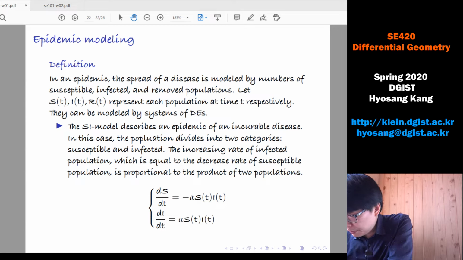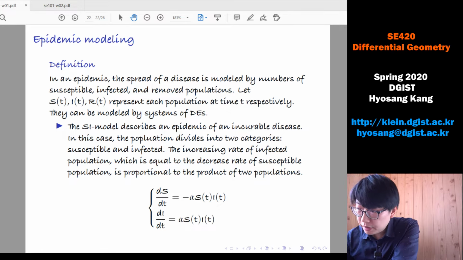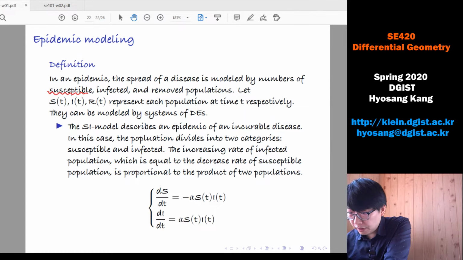So let me explain what this is. In an epidemic, like spreading of disease, you can model the number of people affected by this disease. Susceptible means the people who are not infected yet but capable of being infected. Infected means that they already have the disease.